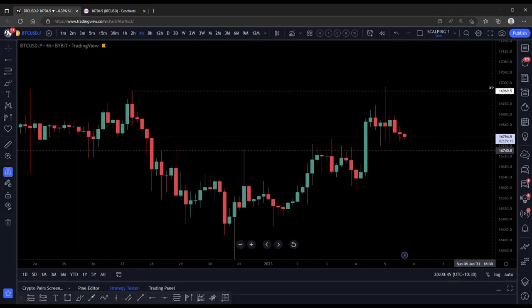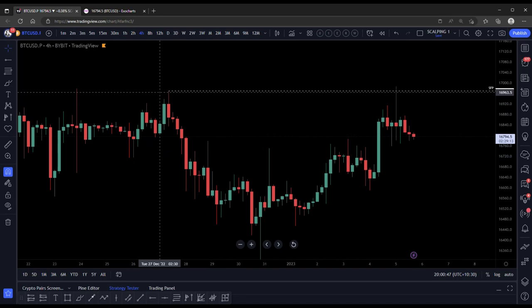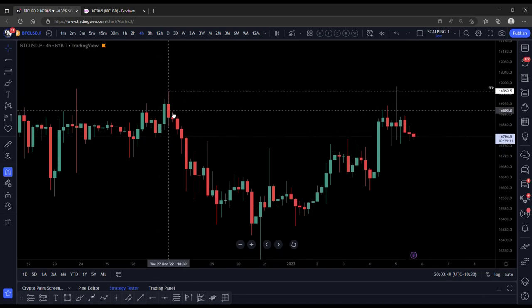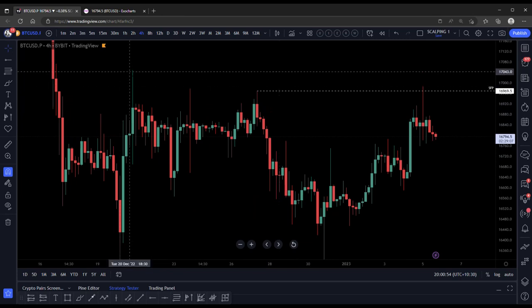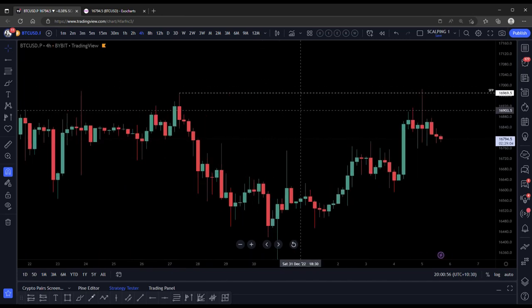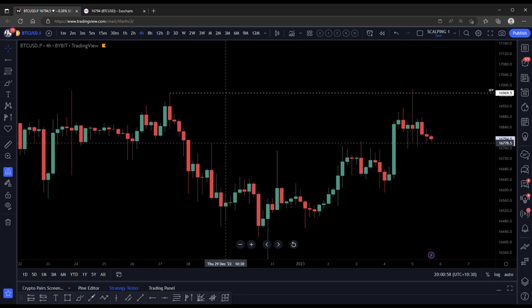So what we'll be doing is identifying that this is the high, and we're looking for this high to be SFP. This one would have been nice, but we're looking at this one right now.